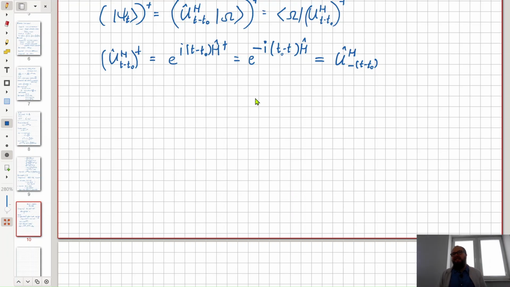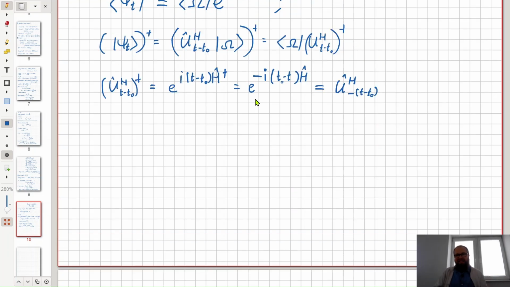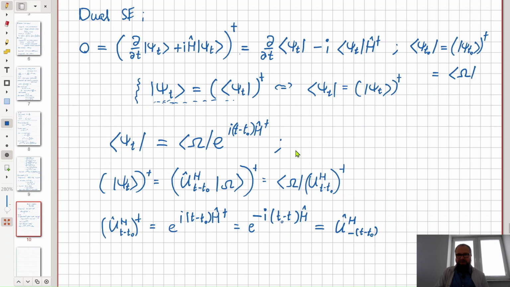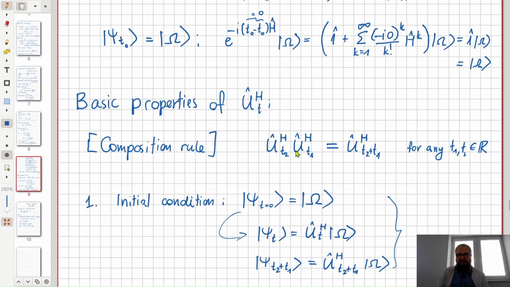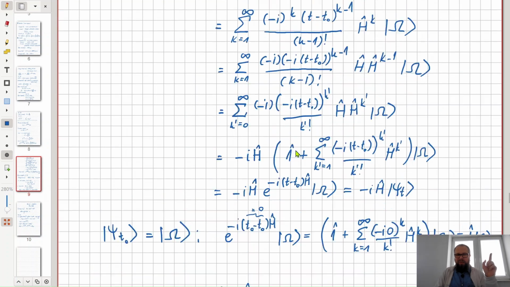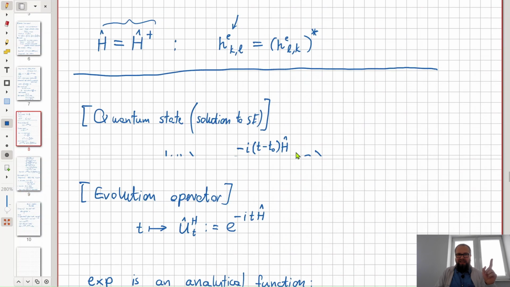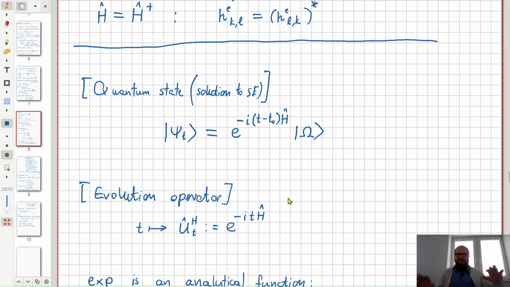we have it here somewhere. There is this component to the state. Oh, here it is. So the quantum state is generated by this operator that takes some given state representing the initial condition and evolves it in time to the state at some point t.